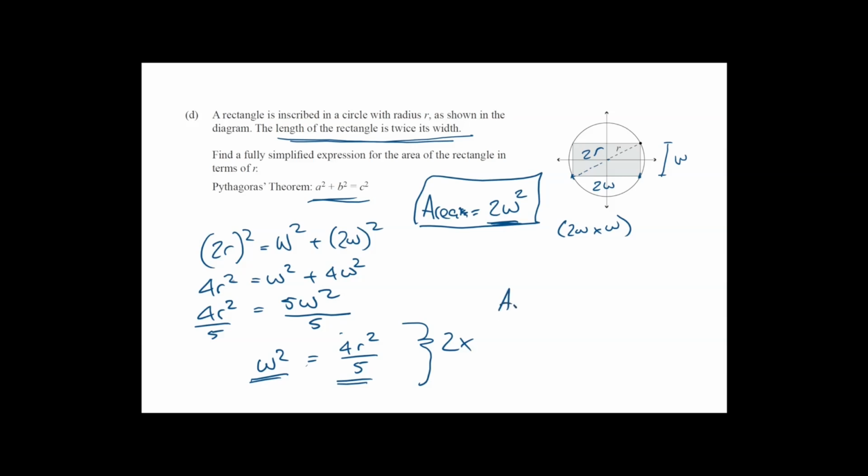So the area is therefore going to be equal to 8r squared over 5. So one of the first tricks would be to not have the L, the W, and the R if you can possibly help it. Always do yourself a favor by making things as easy as possible and getting rid of things as early as possible. And that's how you solve that one.